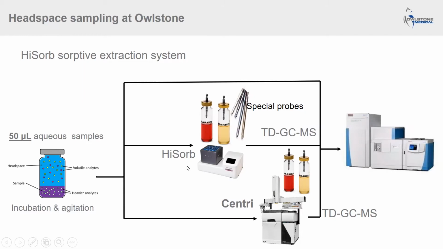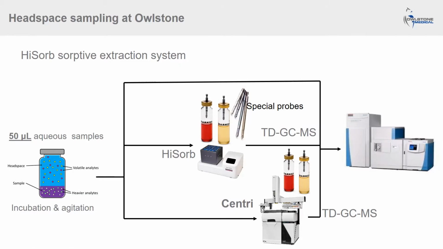There is a more manual approach, HiSorb, where we have probes that absorb the volatile compounds from the headspace, and a more automated approach, Sentry, where we again have the same probes that absorb the VOCs that are in the headspace of the samples. What is pretty important to notice here is that we really work with a limited sample volume, only 50 microliters.